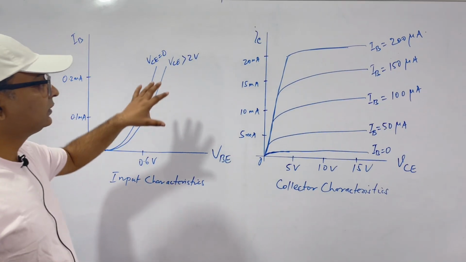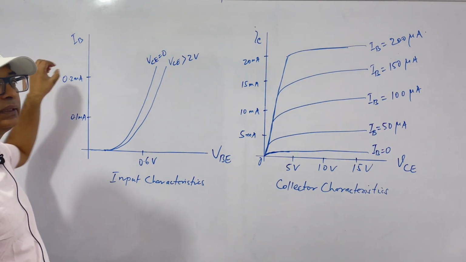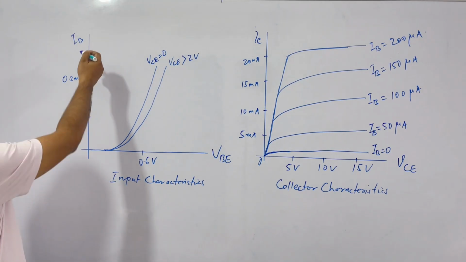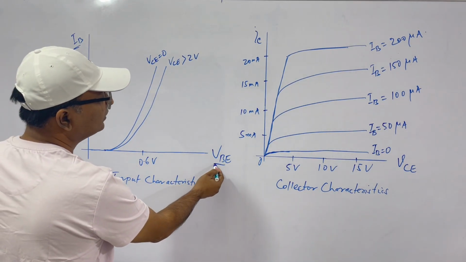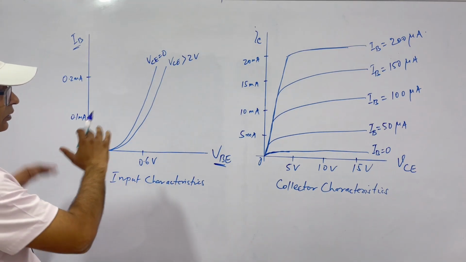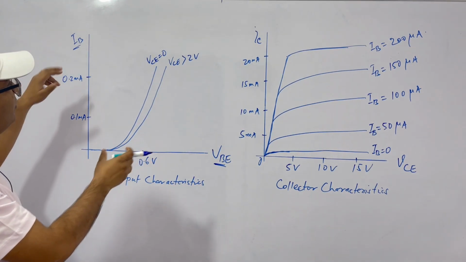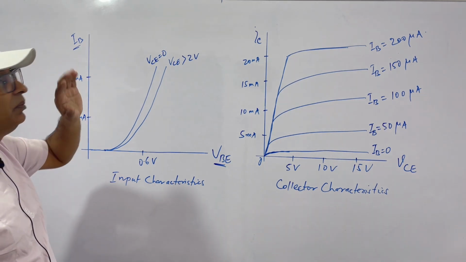Now let's understand these two graphs. This is very important to understand the transistor characteristics. See, this is called the input characteristics, that is the base current versus base to emitter voltage. You remember the circuit, the base to emitter voltage is applied and IB is the current generated from VBB.